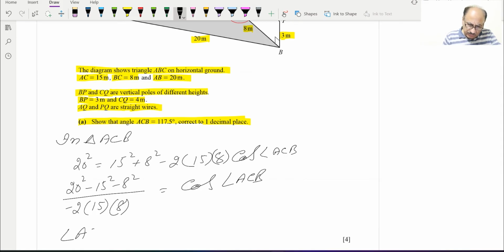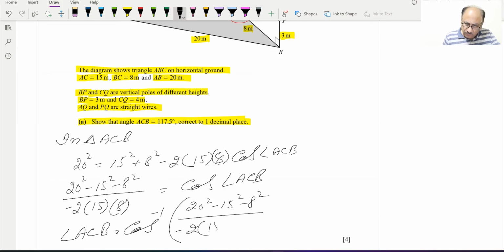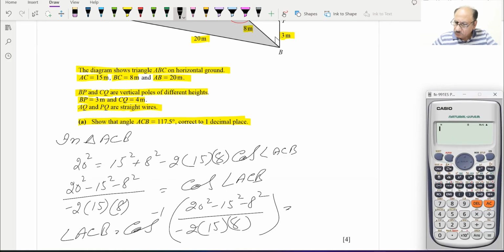So angle ACB will be equal to cos inverse of this whole value I'm copying, 20 square minus 15 square minus 8 square divided by minus 2 into 15 into 8, and the calculator will help you to calculate this.